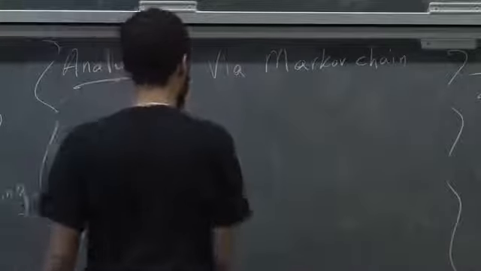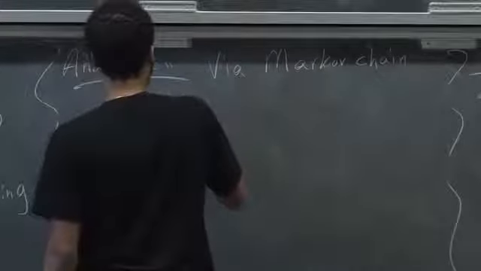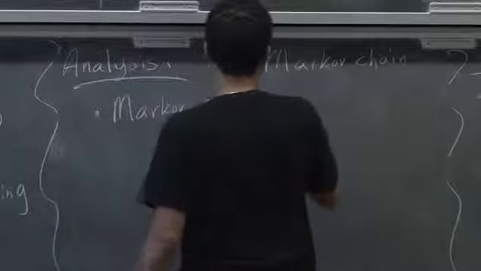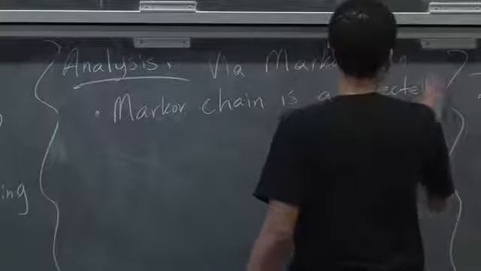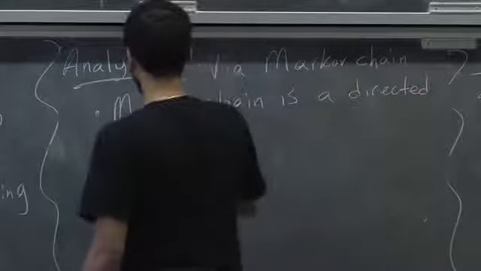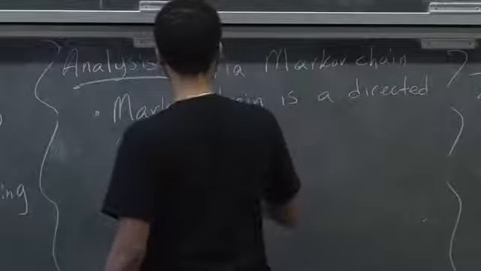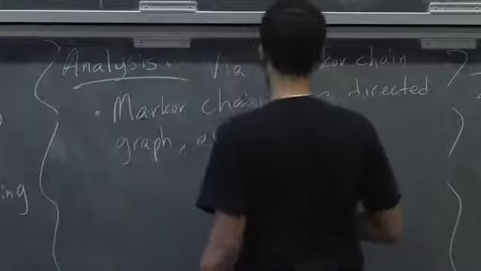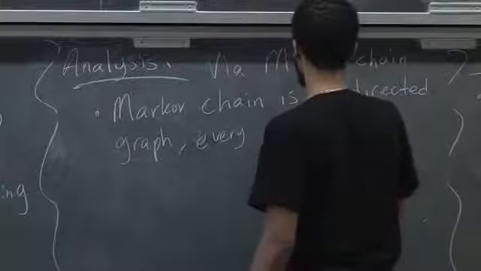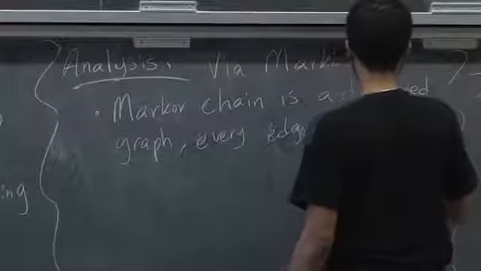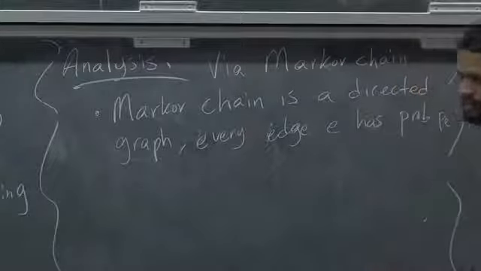So a Markov chain is a directed graph, and every edge e has a probability associated with it, p_e.